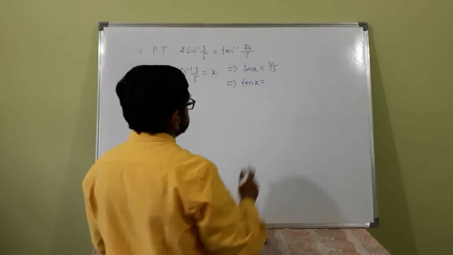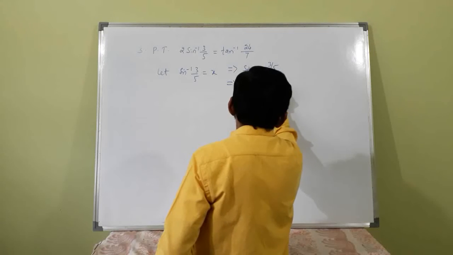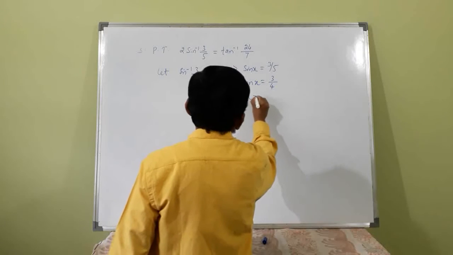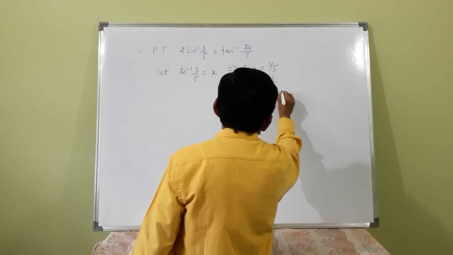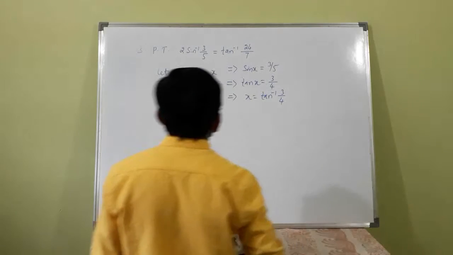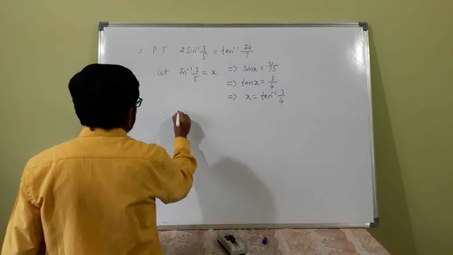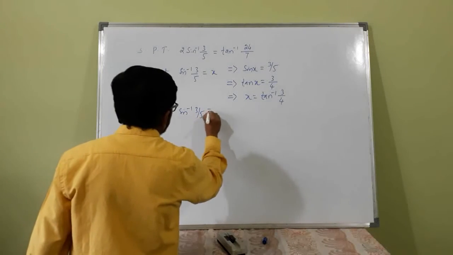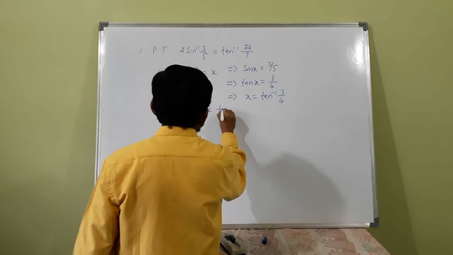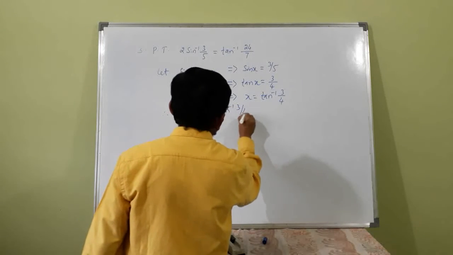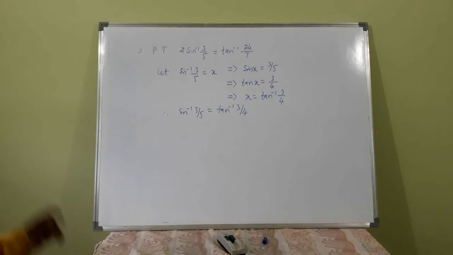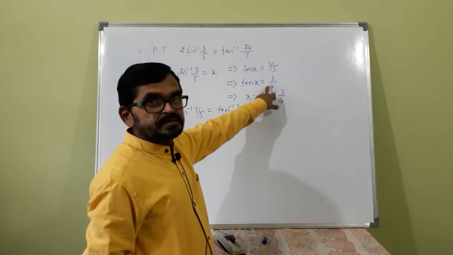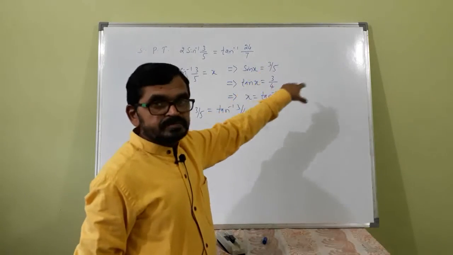So tan x is 3 by 4, or x is equal to tan inverse of 3 by 4. Therefore sin inverse of 3 by 5 is the same as tan inverse of 3 by 4. This is due to the Pythagorean triplet 3 4 5.